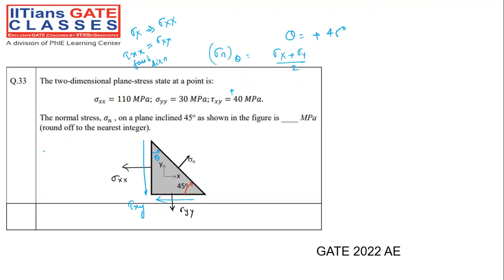That means if there is a plane like this, if I say this is the plane AB, if there is a tau xx, x face x direction, that means it is normal to the plane. Automatically it will become normal stress, not the shear stress, right? Now do not confuse: why is tau xy shear stress? X face y direction, that means it is parallel to the cross section, as you can see very clearly.